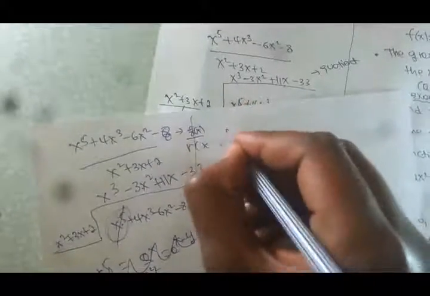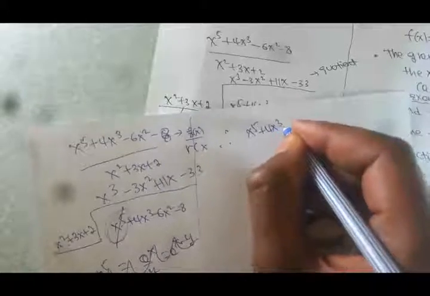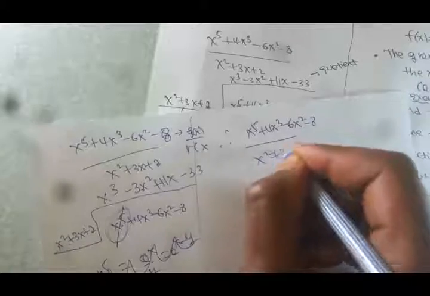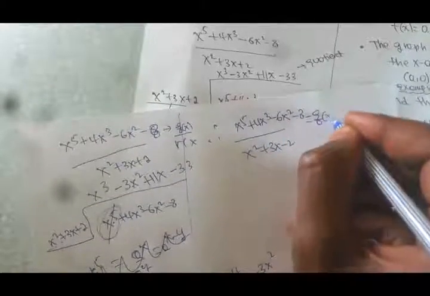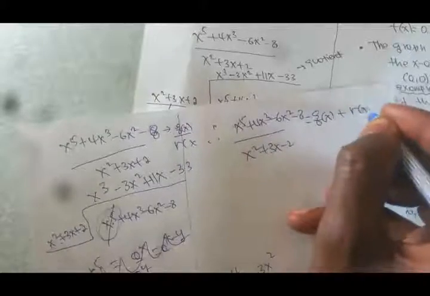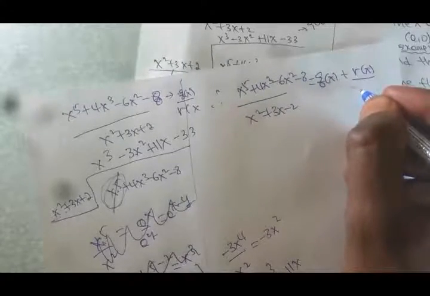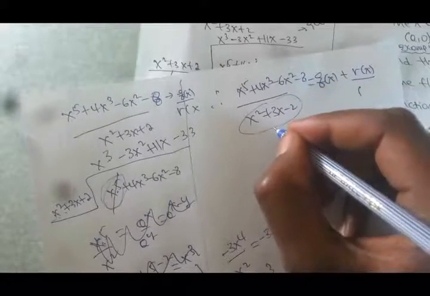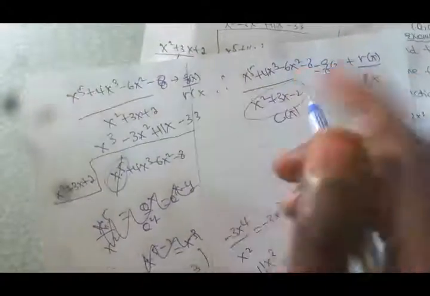Therefore x raised to 5 plus 4x cubed minus 6x squared minus 8, divided by x squared plus 3x plus 2, is equal to the quotient plus the remainder over the divisor.